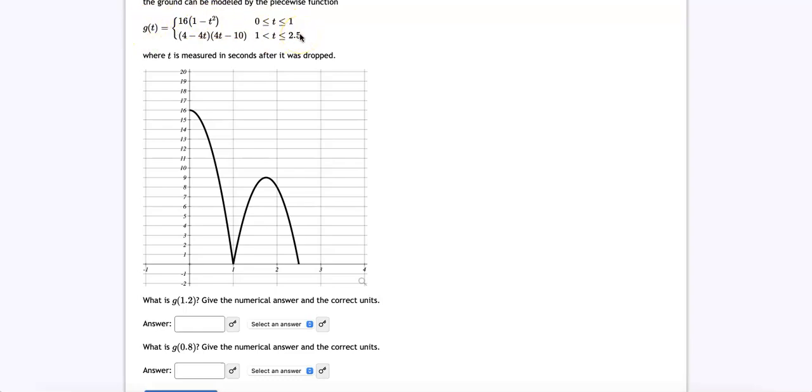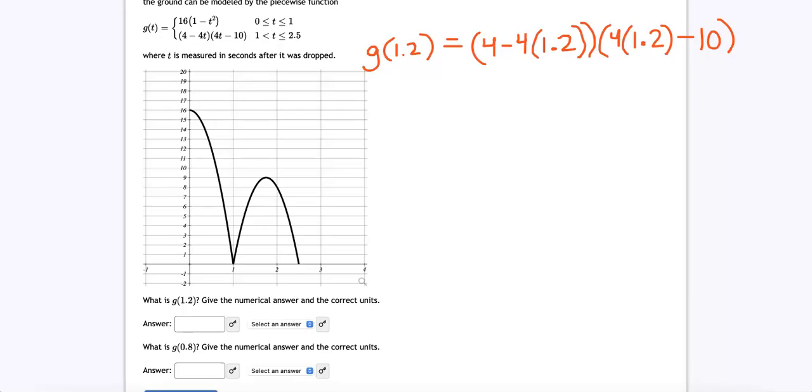Now 1.2 falls in the second range, 1 to 2.5. So we'll plug in 1.2 into this function here, and this is what it will look like. Replacing each occurrence of t with 1.2, we get g of 1.2 is equal to this value here.